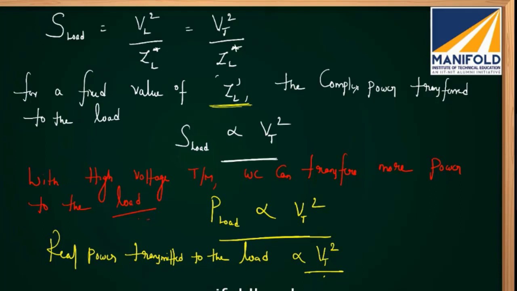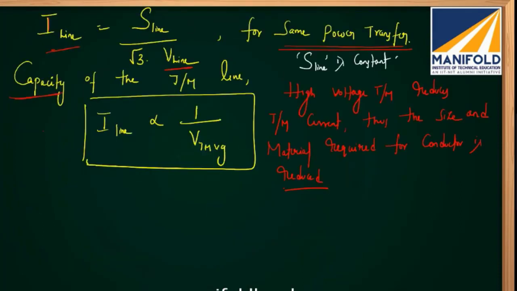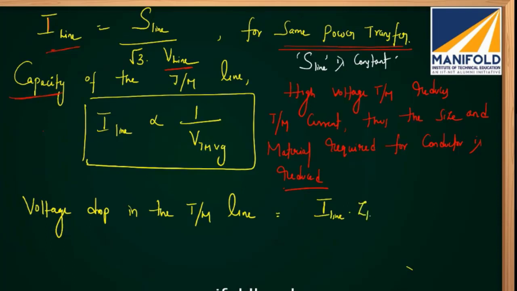One more advantage is that once the transmission current reduces, then the voltage drop in the transmission line, which is I line into Z line, also reduces.